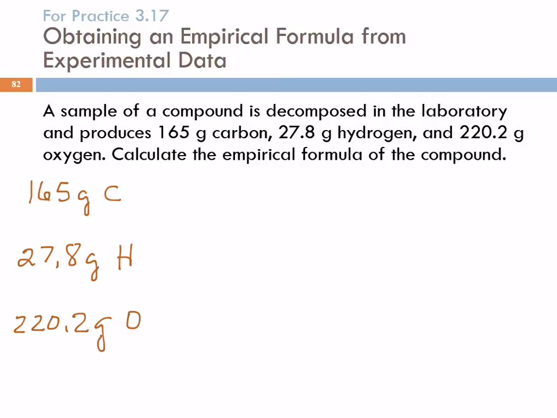So for carbon, we're going to multiply by moles over grams. We find the number on the periodic table, 12.0108. So 165 divided by 12.0108 comes out to be 13.7294.